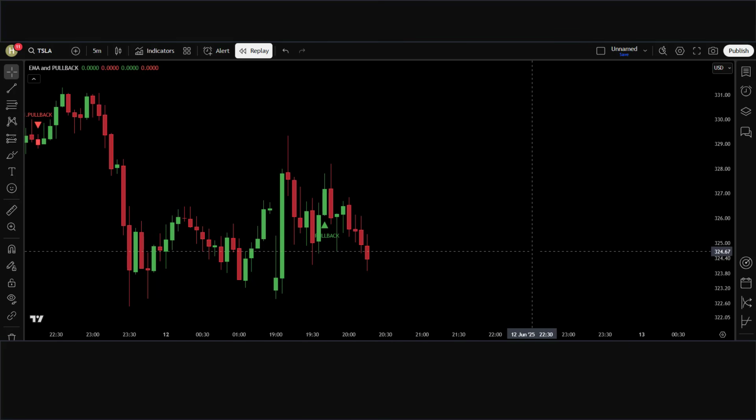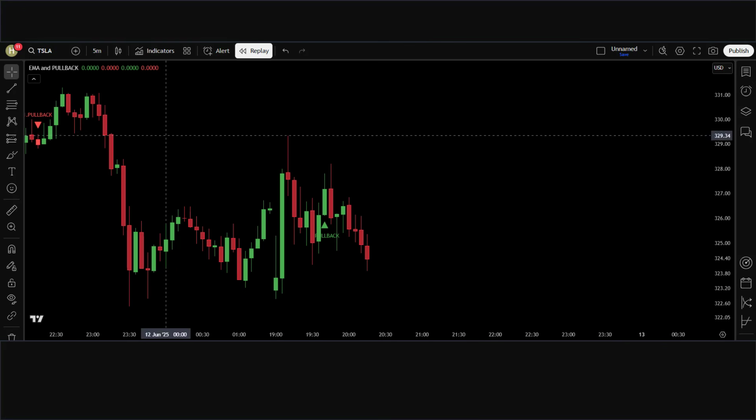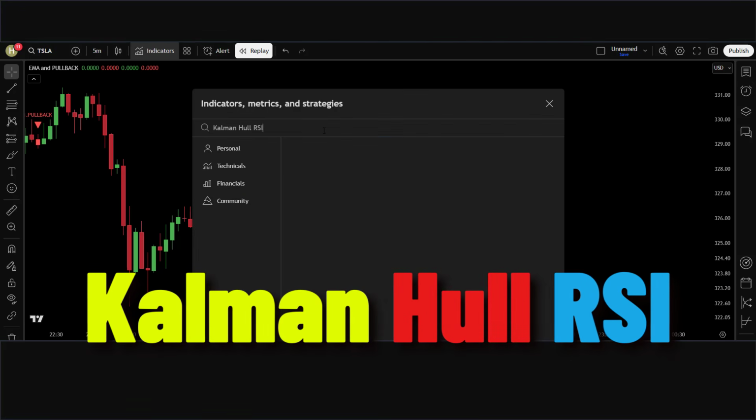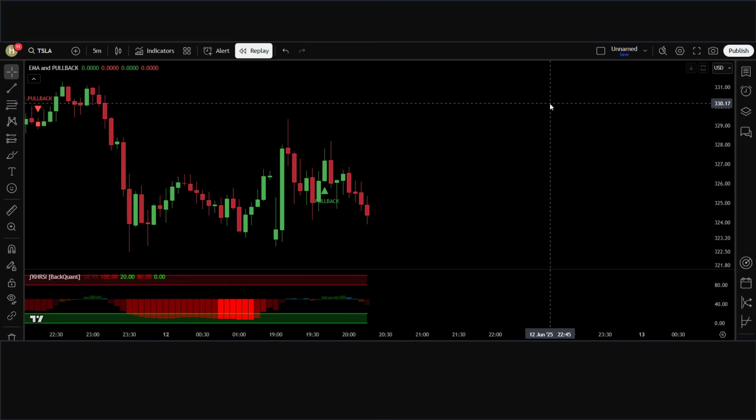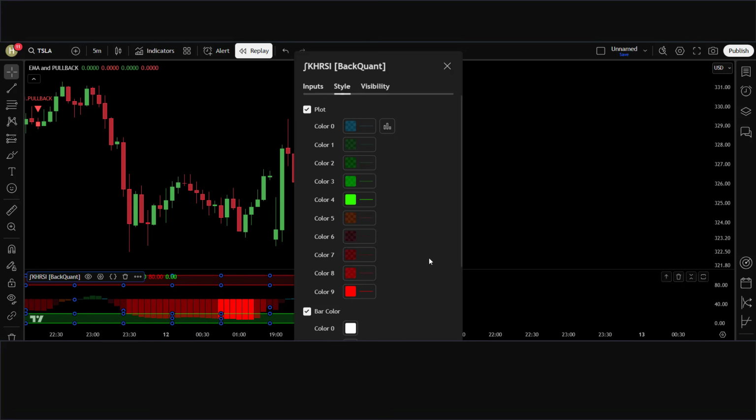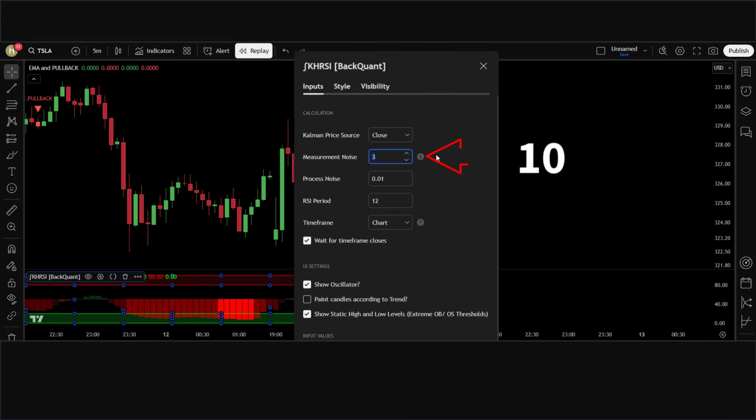We have to apply another indicator on the chart. Second indicator name is Kalman-Hull RSI. Keep the indicator settings as I have shown here.